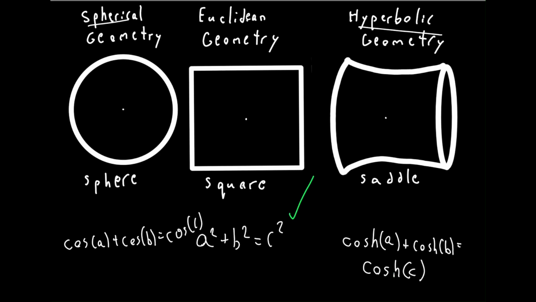That's what cosine and hyperbolic cosine are. Let's do one more example, of course.